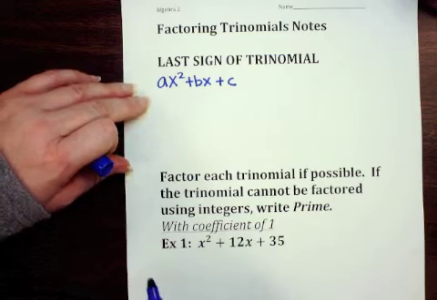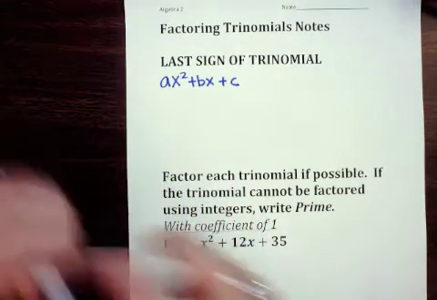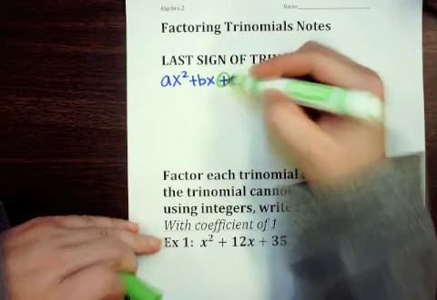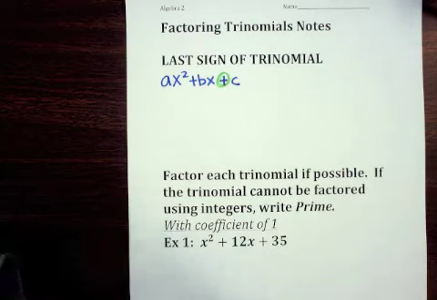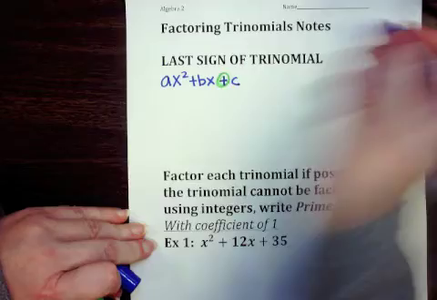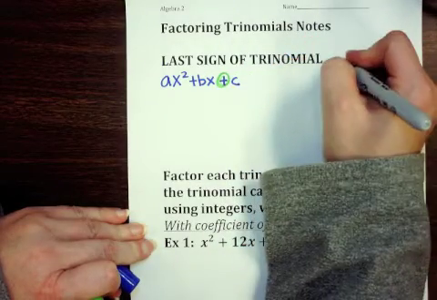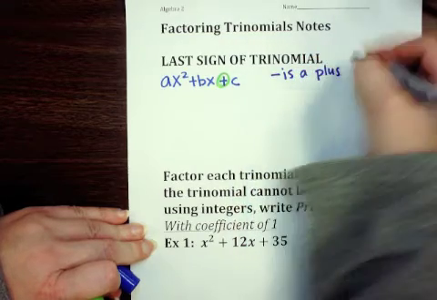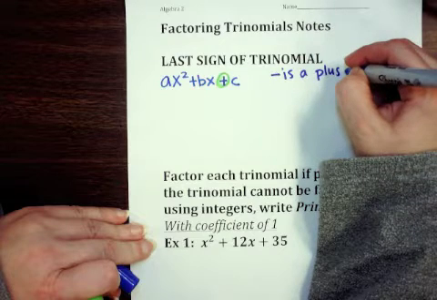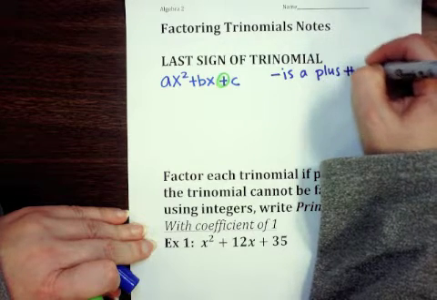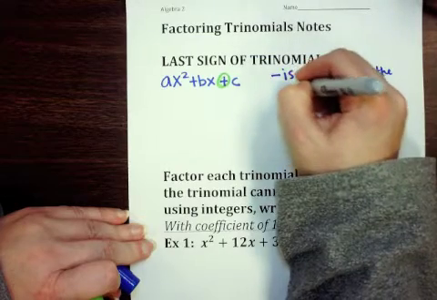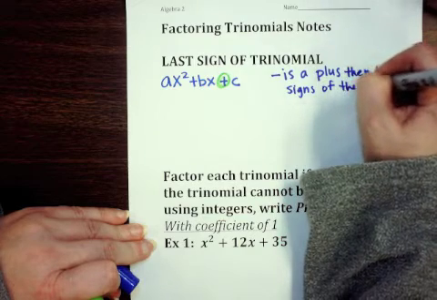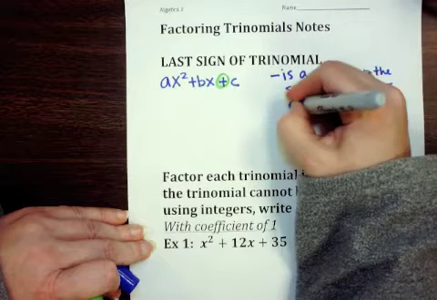And when I talk about the last sign of the trinomial, I'm referring to this right here, the last sign. Okay, and this one ends in a plus sign. If the last sign of the trinomial is a plus, then the signs of the factors are the same.